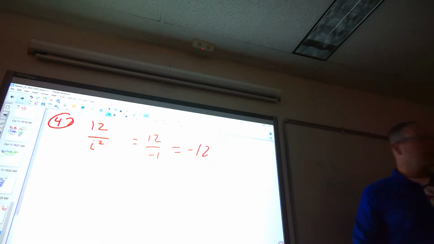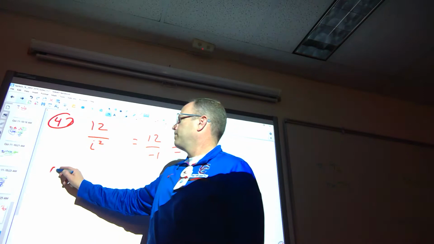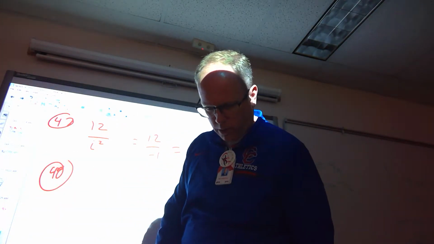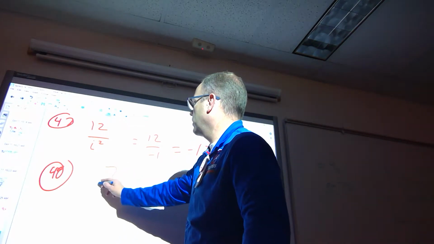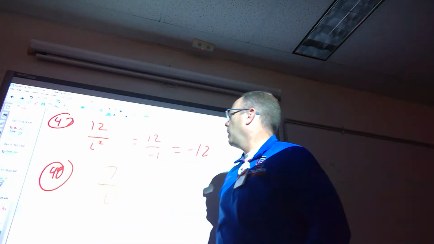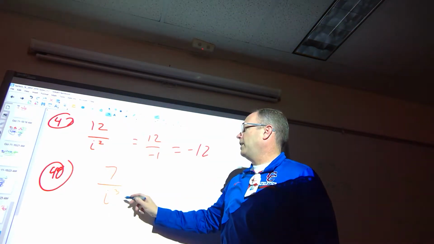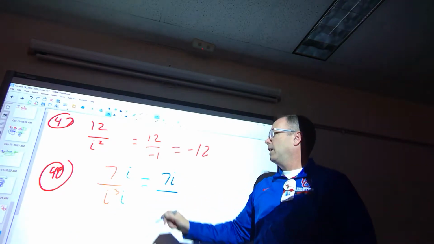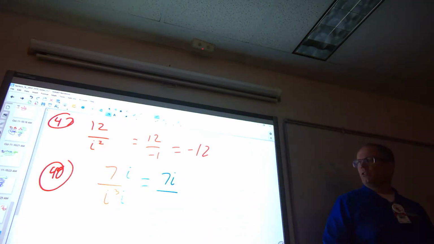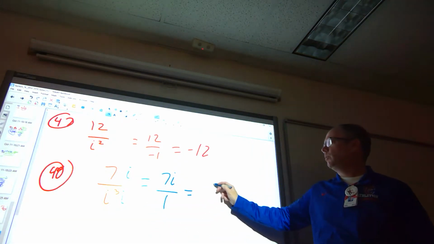Can we do 48? Is that 7 over i to the third? All right, let's get rid of the i's in the bottom. So I'm going to multiply top and bottom by i and i. So I get 7i on top, and then i to the fourth is equal to positive 1. So that just gives me 7i.